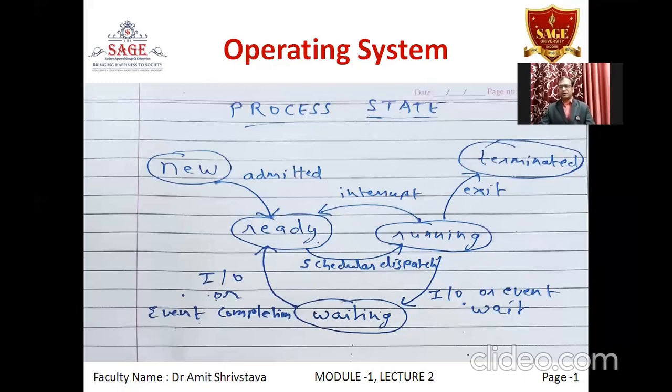So now let us understand what we mean by interrupt. There are basically two types of interrupts, software interrupt and hardware interrupt. And these are high priority processes which need immediate attention.